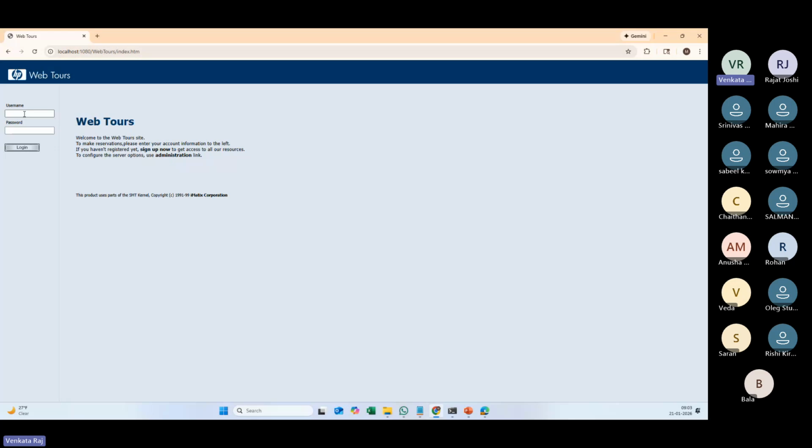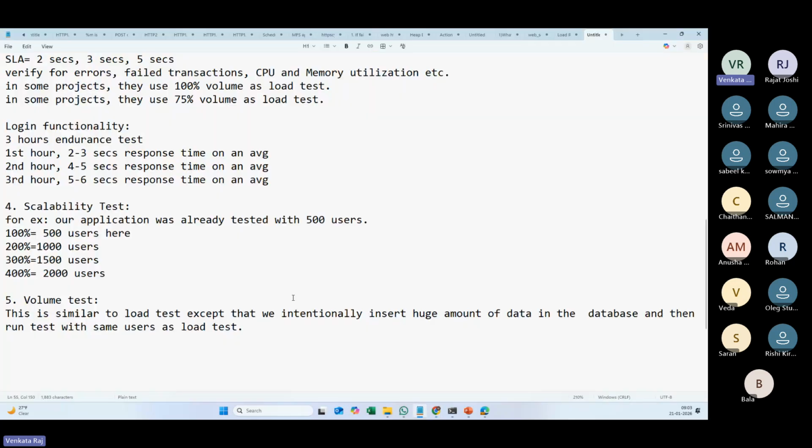If it matches, it should log in successfully. Now, what if the database contains 1 lakh usernames and passwords? When I enter username and password, will it take more time to validate or not? So when you have a huge amount of data in the database, how your application is responding, that is where volume test is coming into picture.